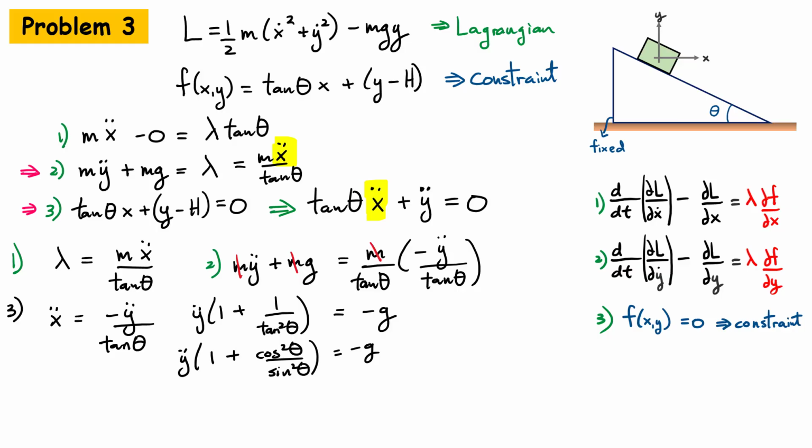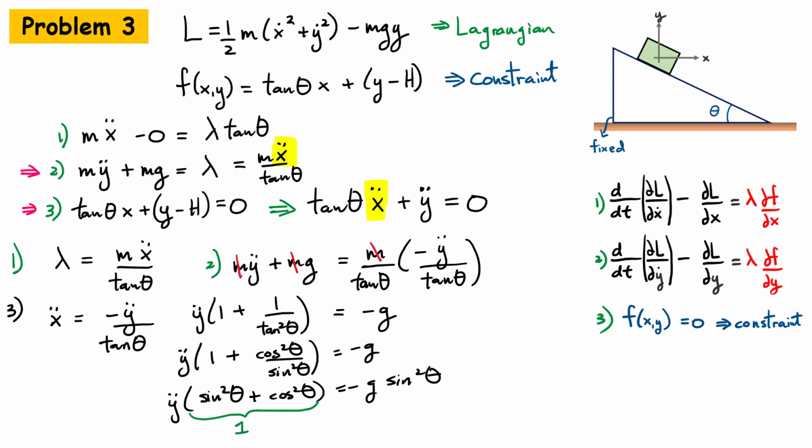What you do now is multiply through by sine squared of theta. What you end up getting here is, imagine you multiplied all these terms through by sine squared of theta, you'd have sine squared of theta here, plus cosine squared of theta here, and here I'd have minus little g sine squared of theta. Well, this term in the parentheses should look like a familiar trigonometric identity.